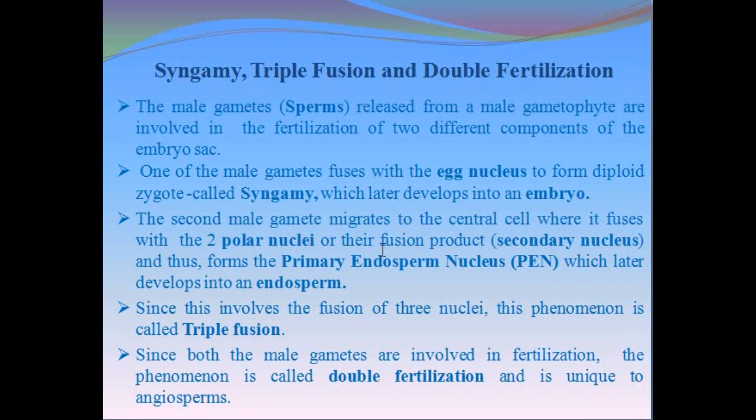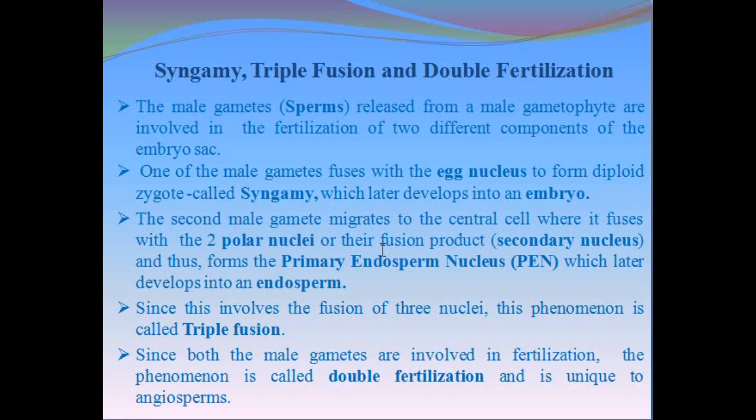Then I'll come to the important processes found in double fertilization, that is syngamy, triple fusion and the phenomenon of double fertilization. The male gametes, otherwise known as sperms, released from the male gametophyte, are involved in fertilization of two different components of the embryo sac, where one of the male gametes fuses with the egg nucleus to form a diploid zygote.